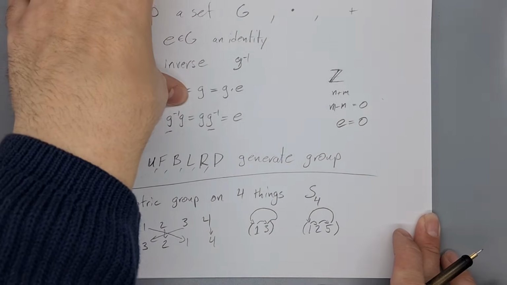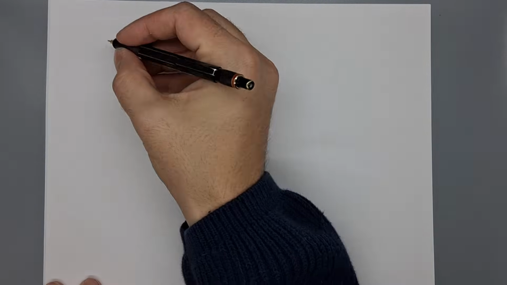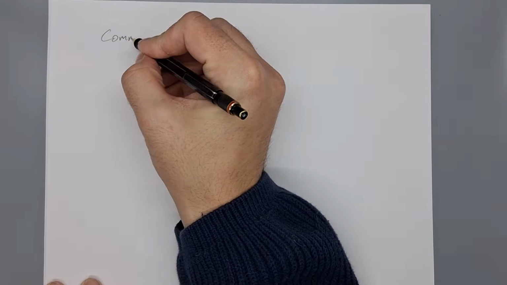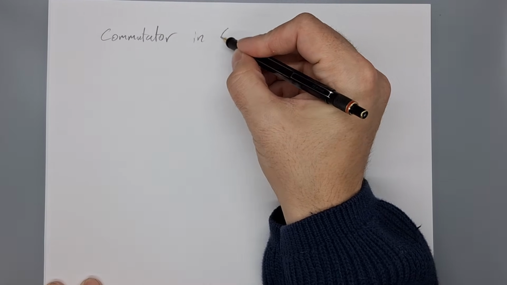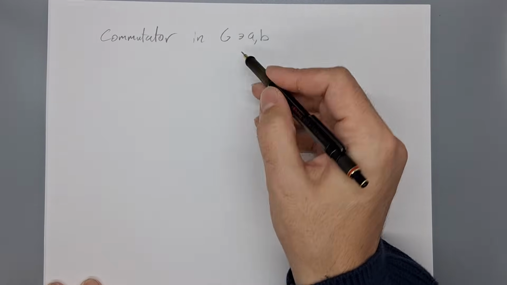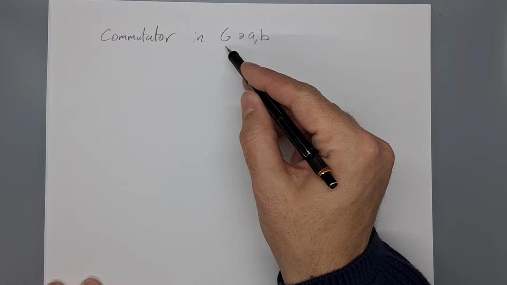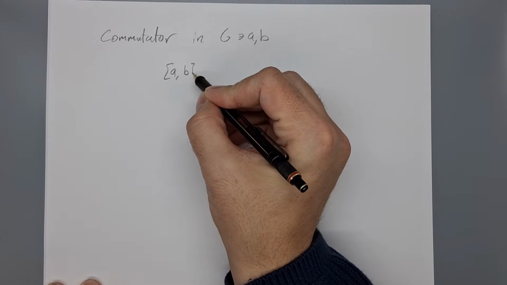So let me write what a commutator is. We talked about the fact that our commutator cube only does commutators, but now with this notation, a commutator in G, let's say between elements, this just means I'm taking A and B from my group G. A commutator has a notation like this.